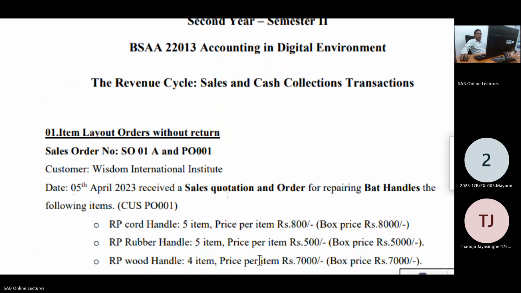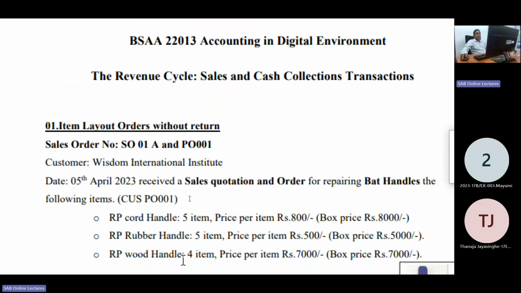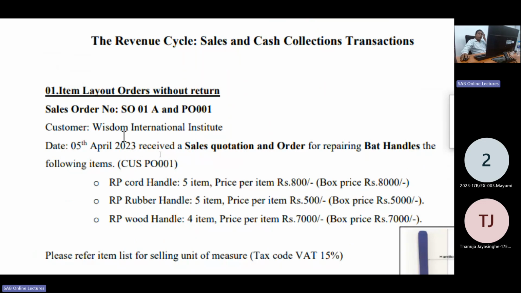Right. Firstly, recording revenue on items under sales order SO1 A and PO001 from the customer. Customer, Wisdom International Institute, date 5th April, received the sales quotation and order for repairing bat handles.